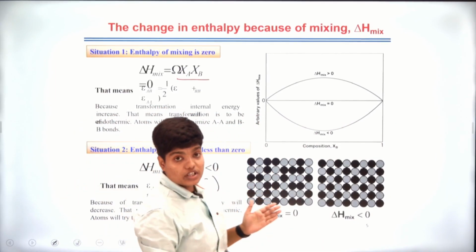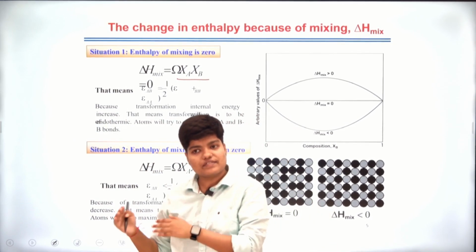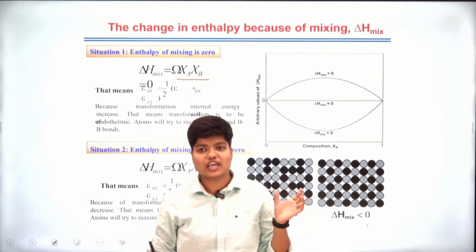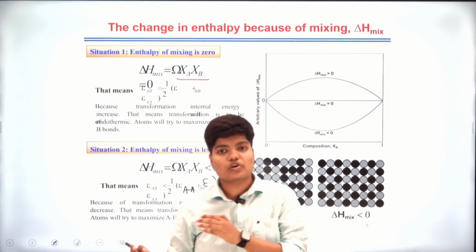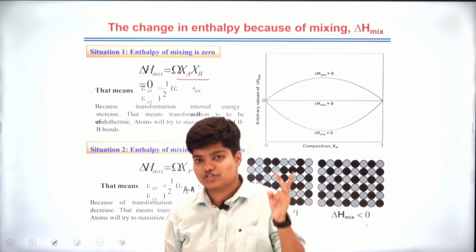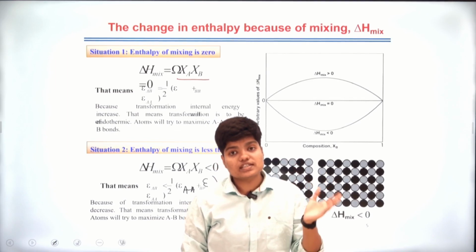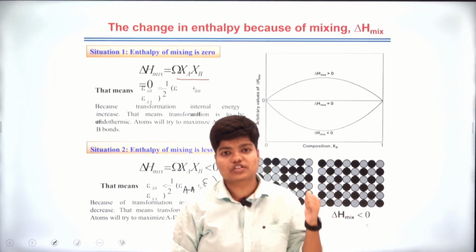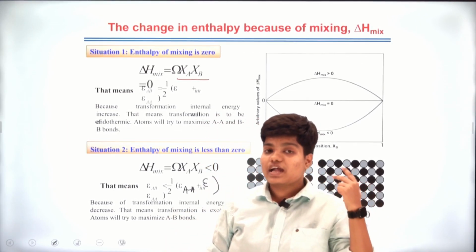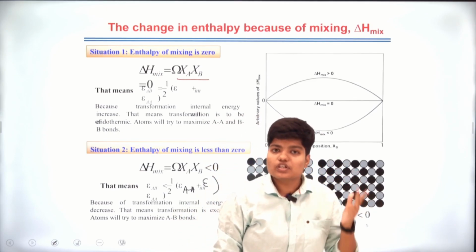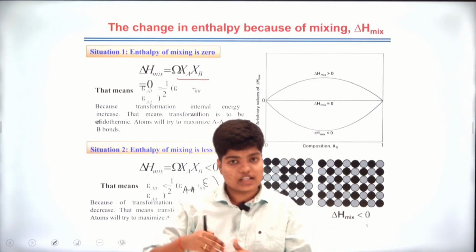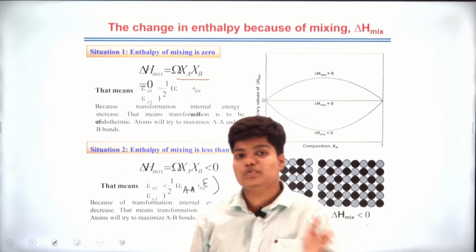If the bond energy before the mixing and after the mixing is equal, meaning AA and BB is equal to the bond energy of AB, then ΔH mix will be 0. If the bond energy gets higher than before the mixing, then ΔH mix will be greater than 0. And the third situation is, if the bond energy is weaker than the initial, then ΔH mix will be less than 0.